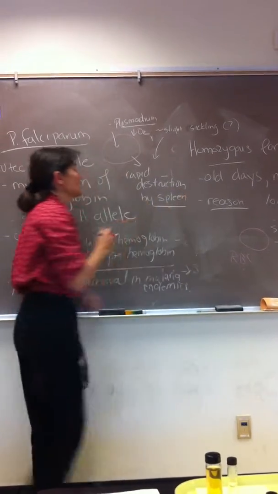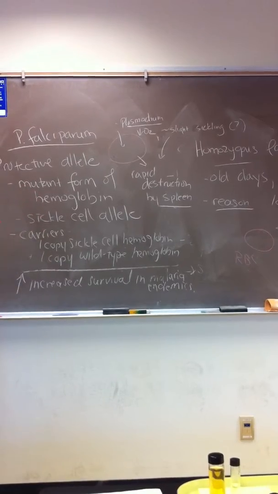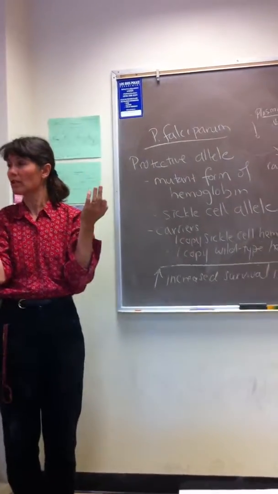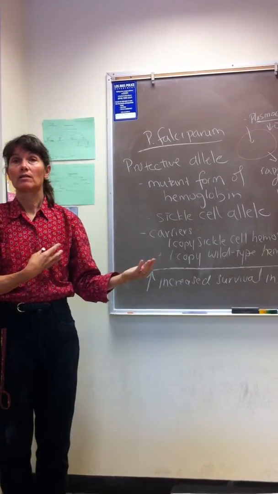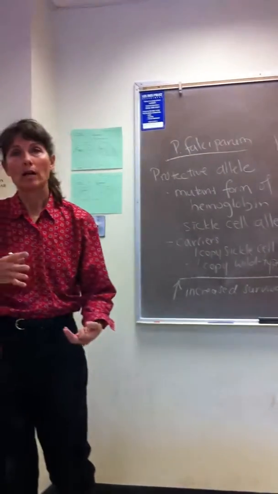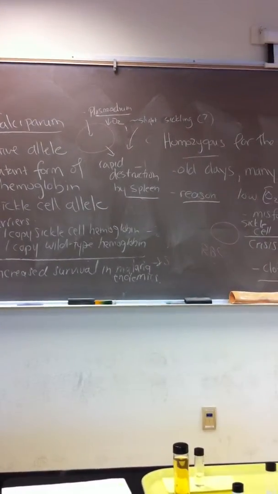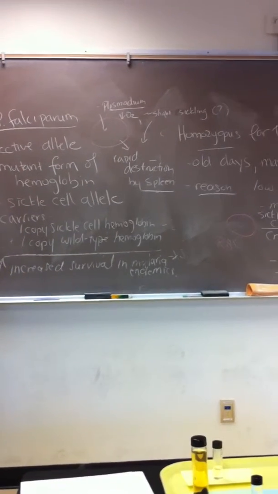And what happens then is this prevents the Plasmodium from replicating in high numbers. As soon as the Plasmodium invades a red blood cell, it's destroyed, so it can't replicate. And consequently, it can't spread to other cells. So this might be one possible explanation for why the carrier state for sickle cell is protective against the most virulent forms of Plasmodium.